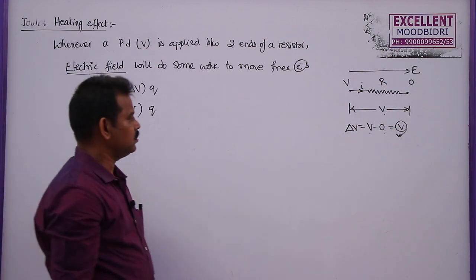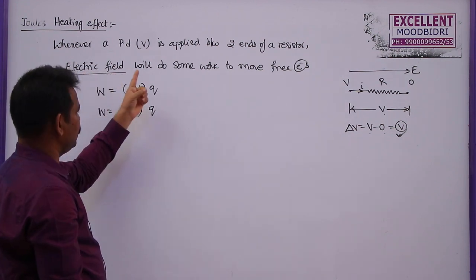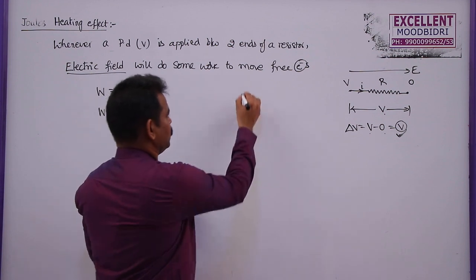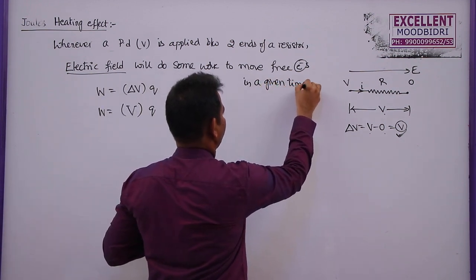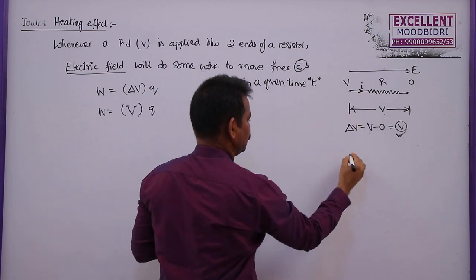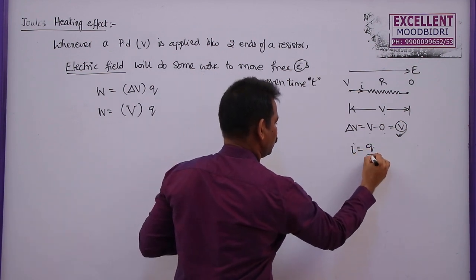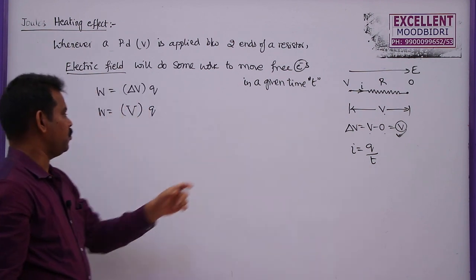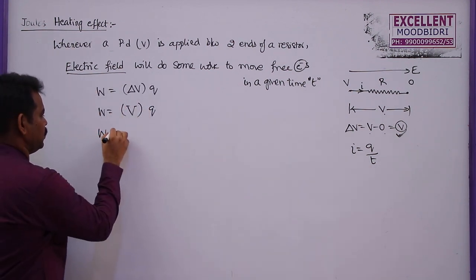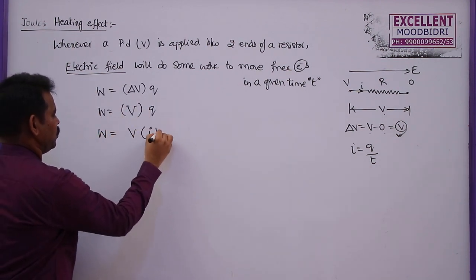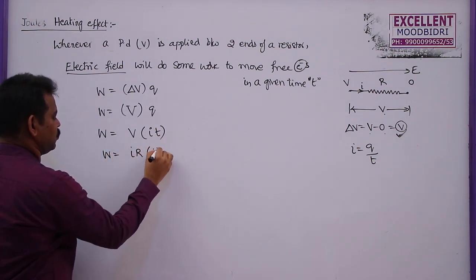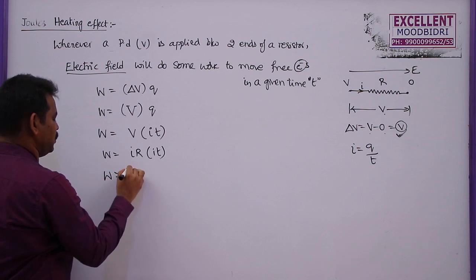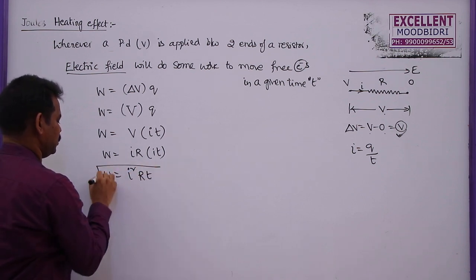But the electric field is doing this work in some given time t. So I can write I is equal to Q by t. In place of Q, I can write It. So the work done is V into It. Work done is V, where V is equal to IR, into It. So W can be given as I squared Rt.